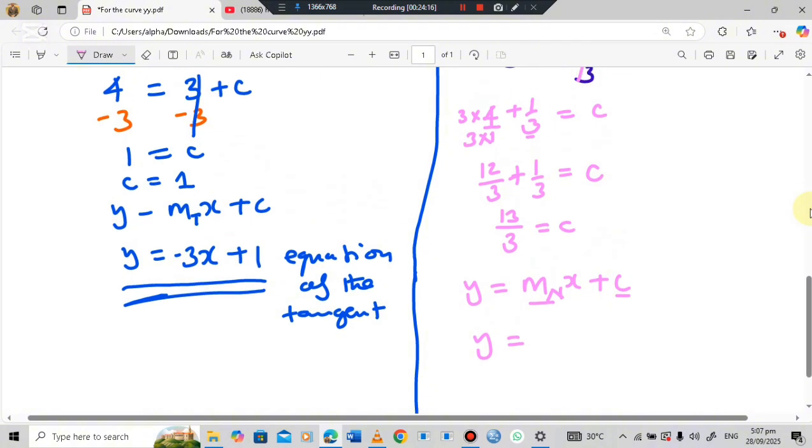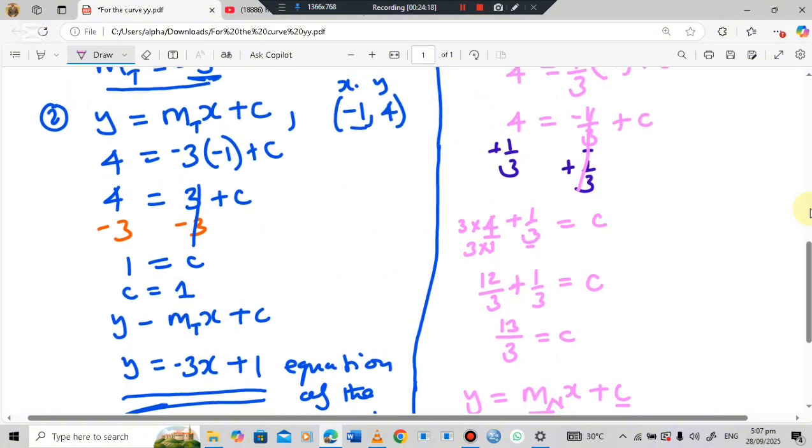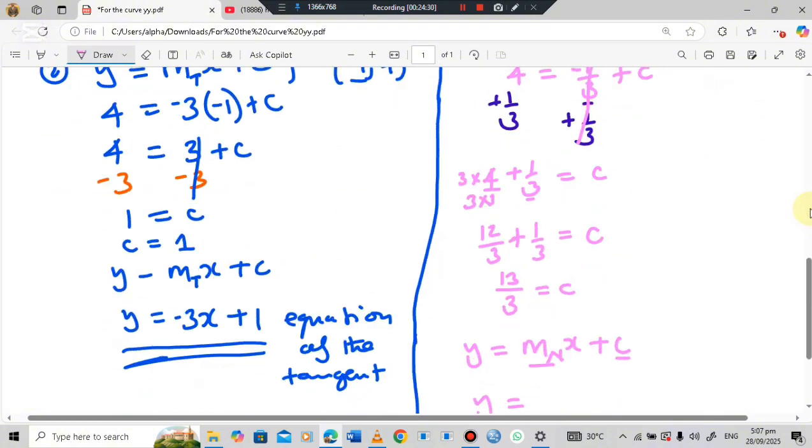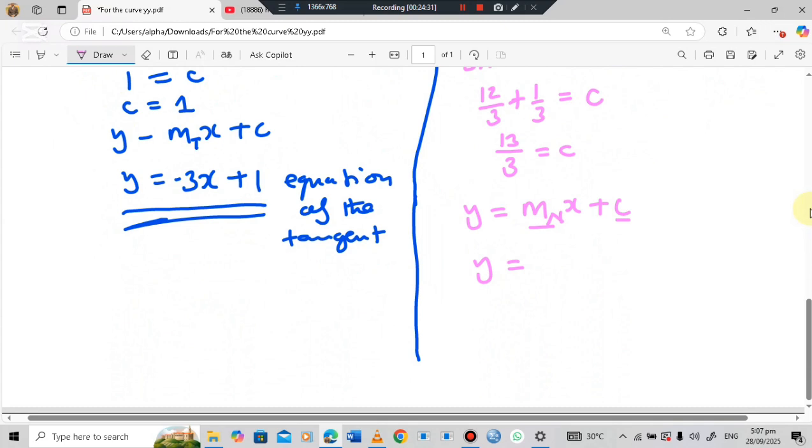We found that the gradient is 1/3. All right. mn is 1/3. So 1/3. Then x. Then the value of c is 13/3. So plus 13/3. Why, if I said plus, it's because this is positive. All right. So this is the equation of the normal.